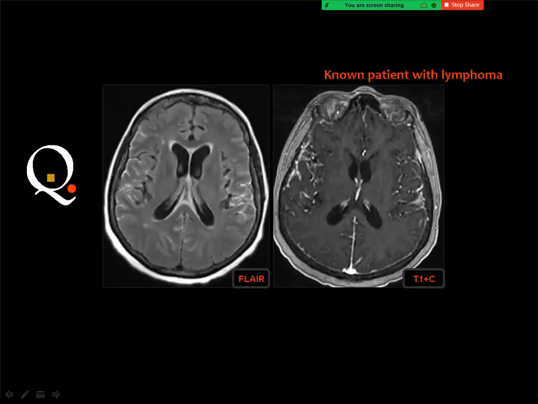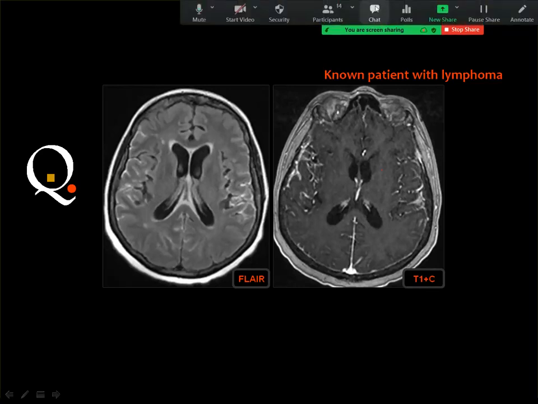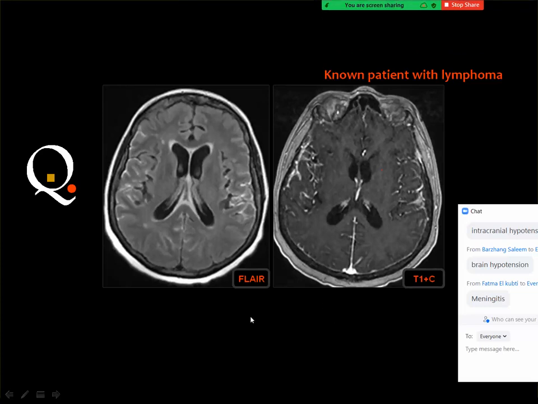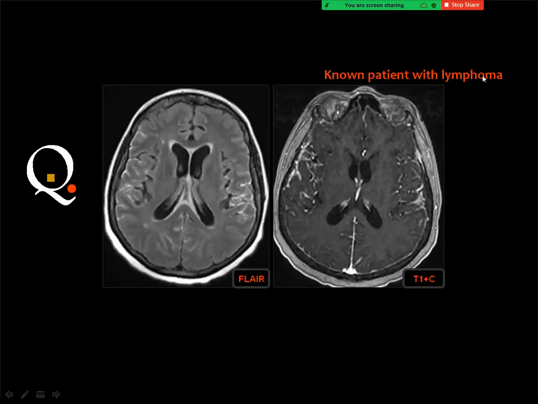And this patient is known to have lymphoma, and this is a FLAIR image, and this is T1 with contrast. How can you diagnose this as meningitis, and you have a positive history of lymphoma?